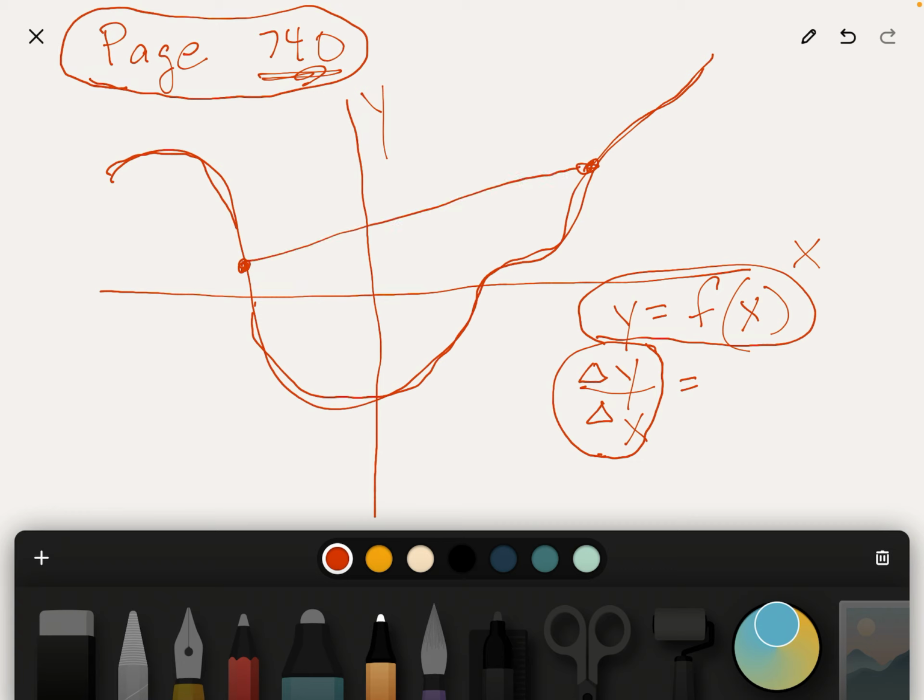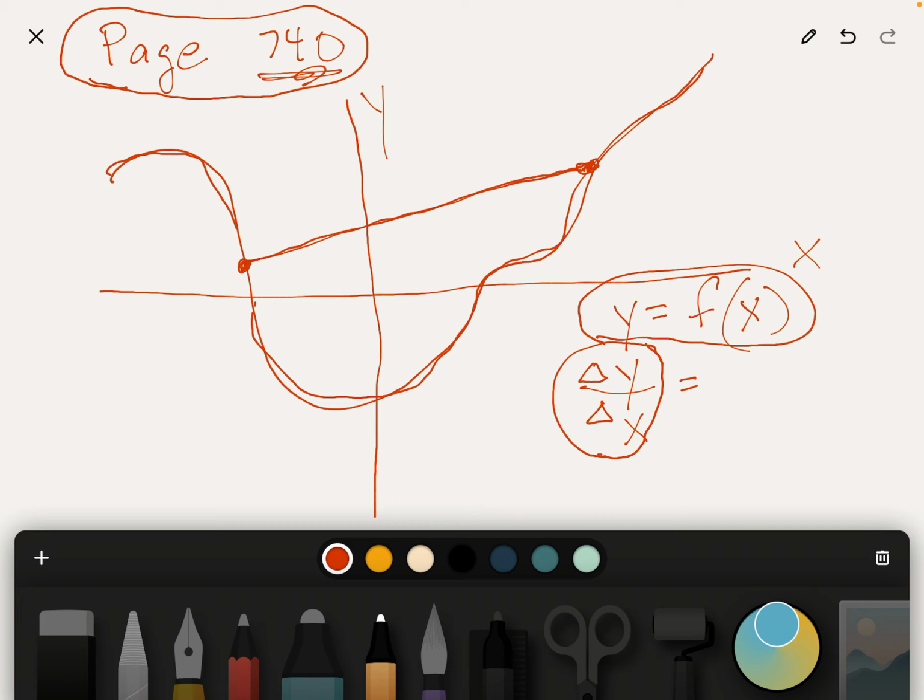And it turns out that what we're talking about here is just a ratio, which we can represent as a straight line, because delta y over delta x is also the equation for a line, a straight line.